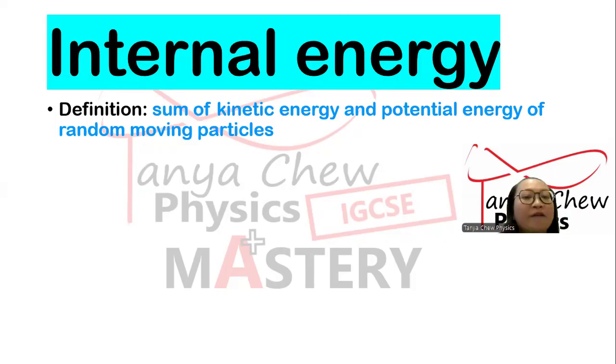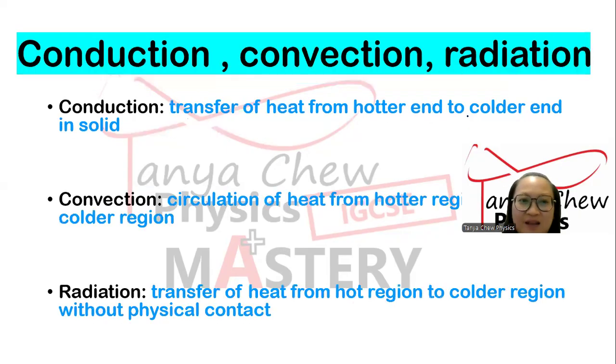They have kinetic energy, and due to the distance between them, they have potential energy as well. That is why internal energy is defined as the total sum of kinetic energy and potential energy of the random moving particles. Whether you're talking about liquid or gas, as long as they are moving, random moving particles.